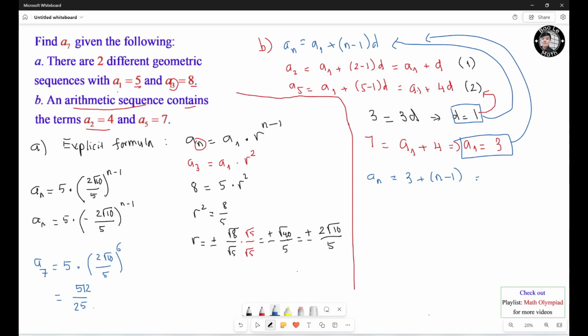So it's going to be N plus 2. Alright, now you need to solve for A7. Alright, so I have A7 equals 7 plus 2 equals 9. And this is the final answer.